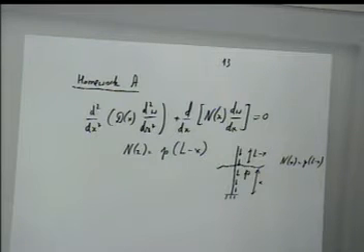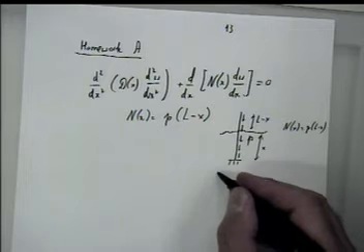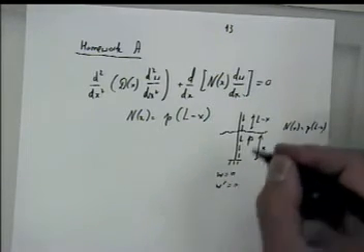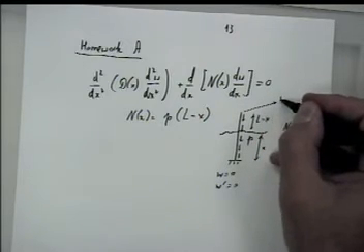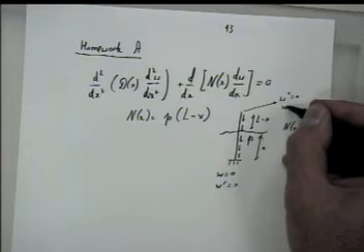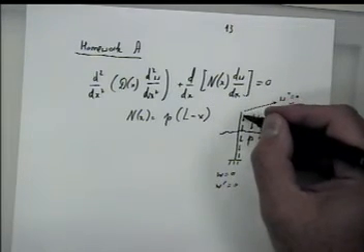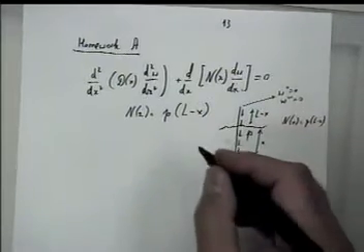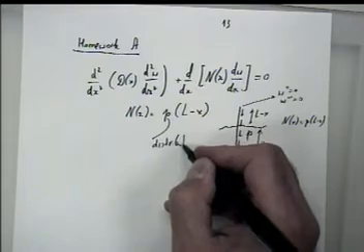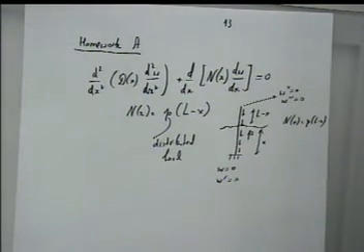Now boundary conditions are, we know what it is here: W equals 0, W prime equals 0. Here, W second derivative equals 0, but also W third derivative equals 0. Why? Because there is no concentrated load. This is a distributed load. Okay?